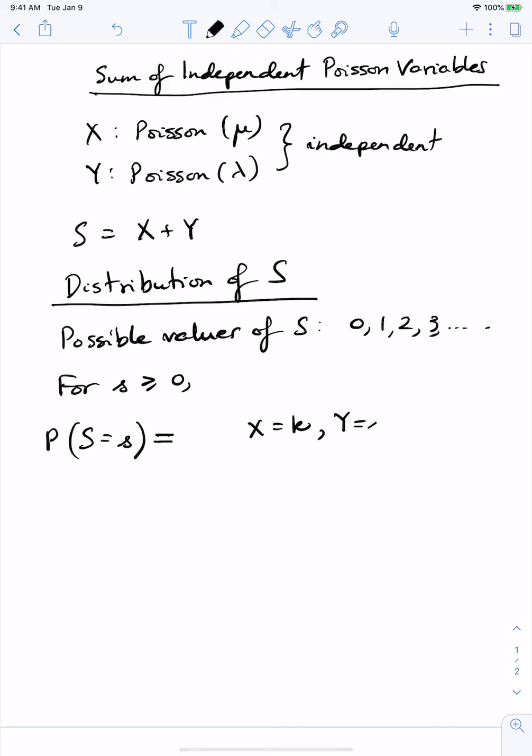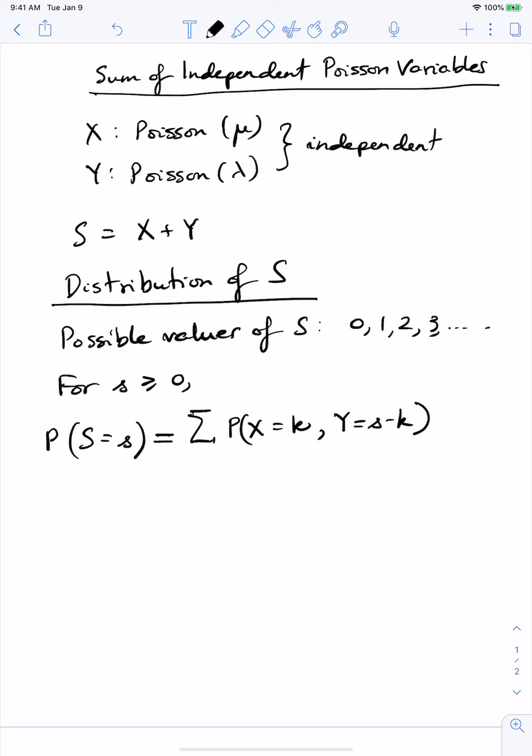And so Y is going to be S minus whatever X is. Now X could be 0 and then Y is S, and X could be 1 and then Y is S minus 1. So we have to add up all of those probabilities.